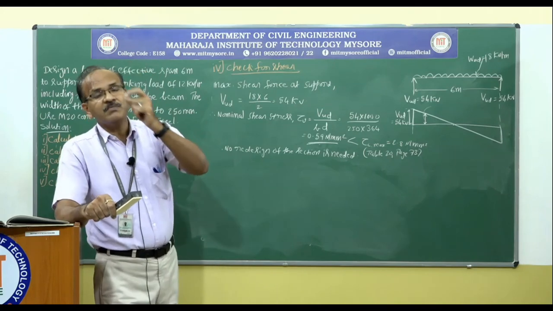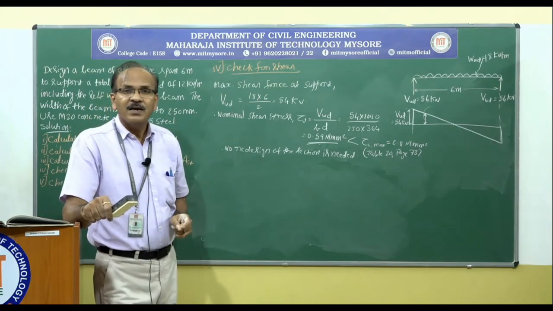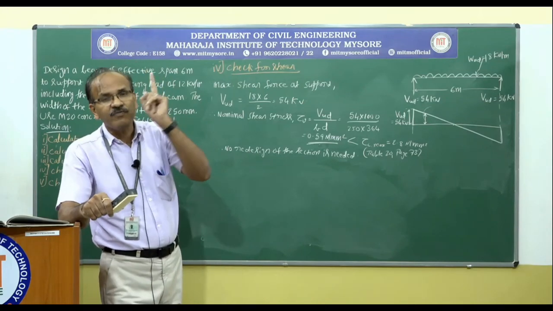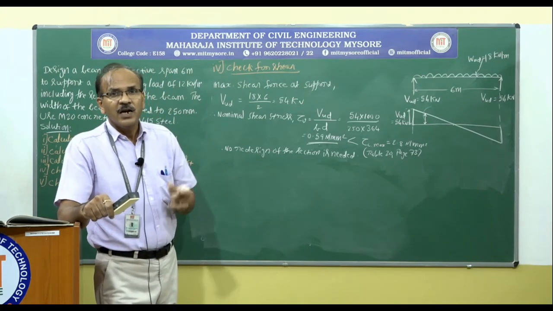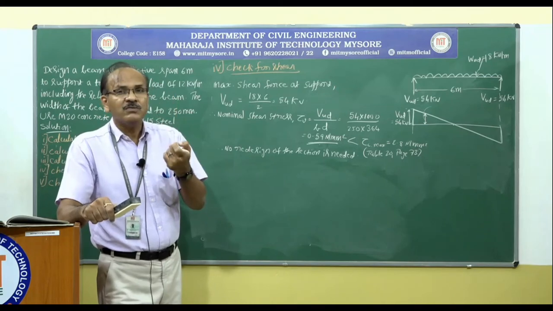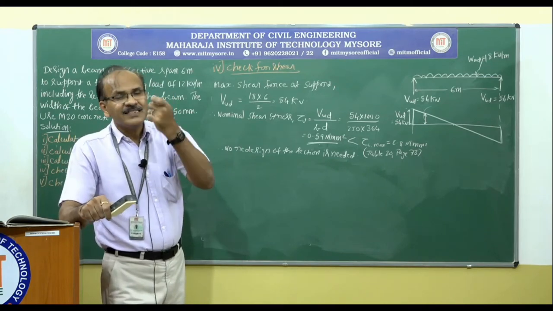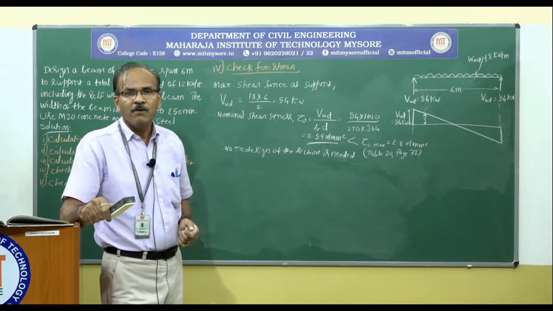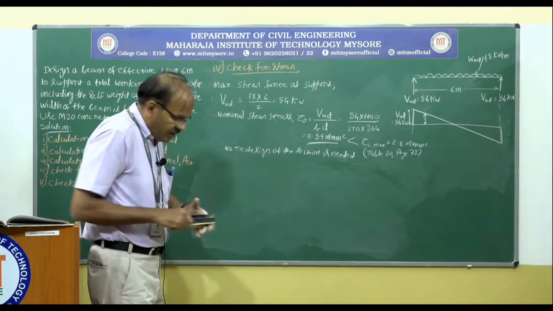Okay, refer page number 73, table 19. Depending on the percentage of tension reinforcement and the grade of concrete, you will get tau C value, that is the shear capacity or shear strength of concrete. Okay. So, we will proceed with that.